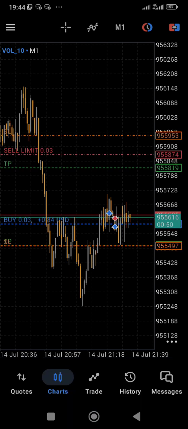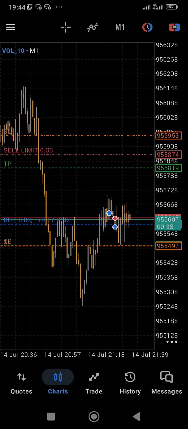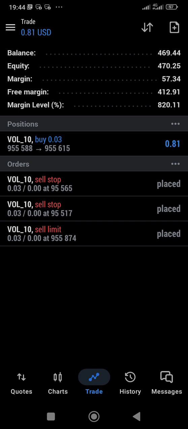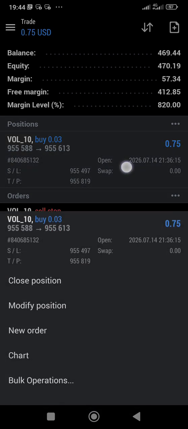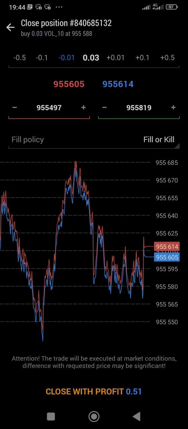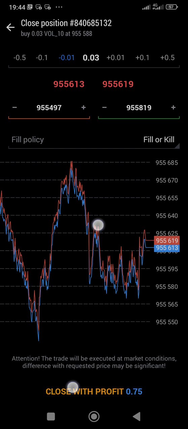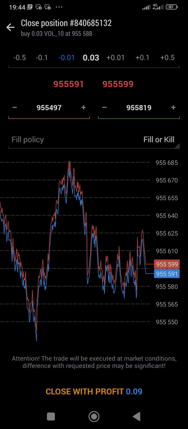I think this will be enough for this very trade, and if you wish to close the trade, all you have to do is click on the position and it's going to show you to close here, or you go straight to the trade and touch the position. If you hold it for a few seconds, it's going to pop up either to close the position or open a new order. If you want to close the position, you click close position, it's going to take you to this very page, and you click the close position at the bottom right here, but I'm not willing to close this very position.